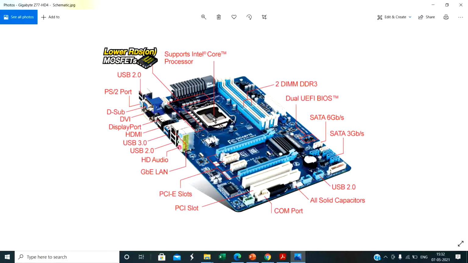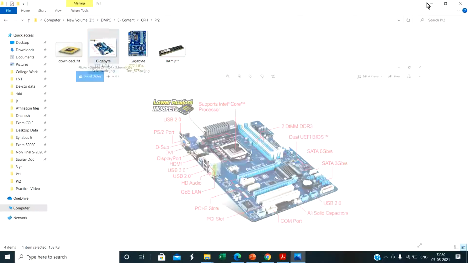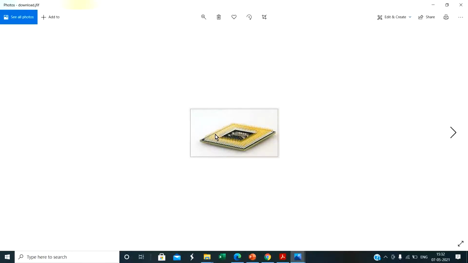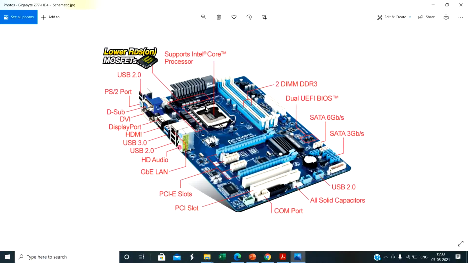At this slot we can connect the processor. The processor is displayed like this. This is an Intel processor. So this processor is connected to that part. Then next we see the various components one by one.